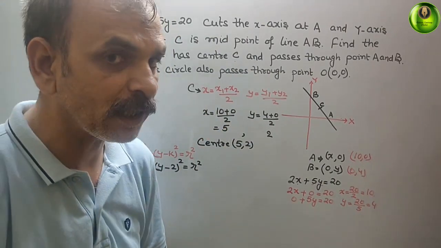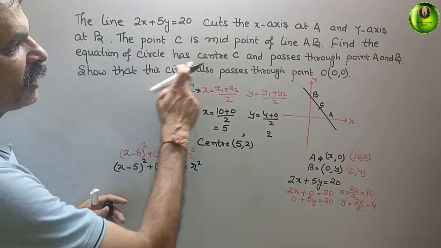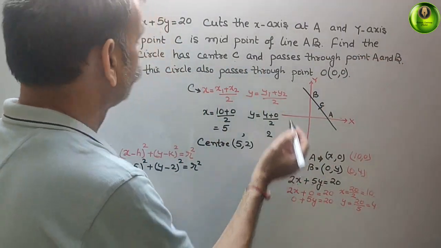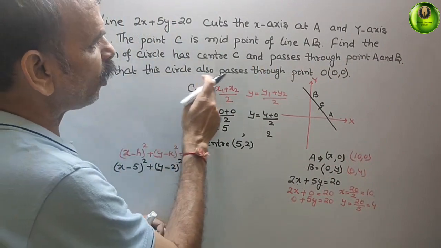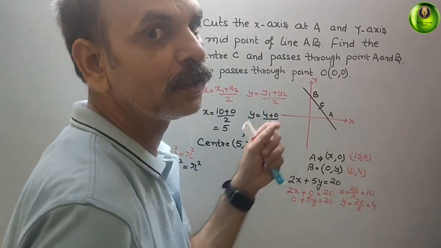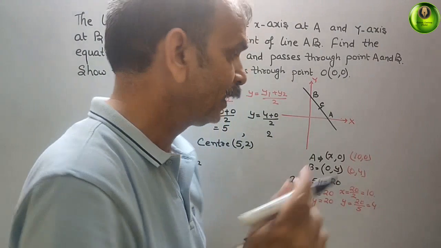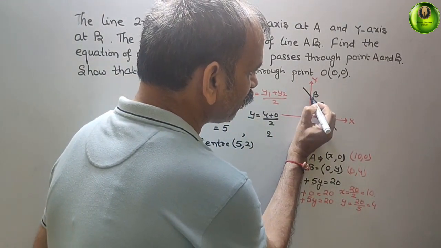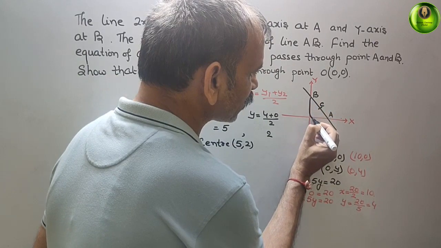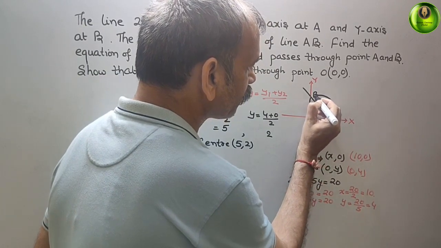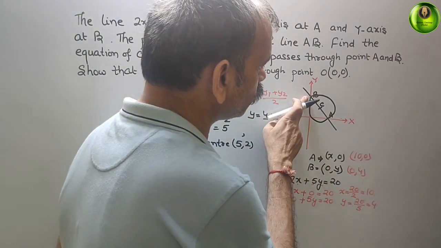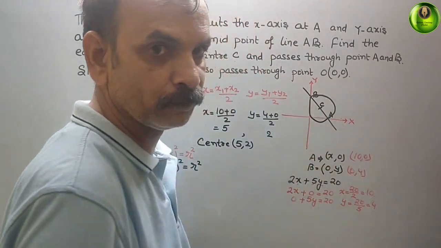Next, they have told that C is the center and the circle passes through the points A and B, and we have to show that this circle also passes through the origin. That means the circle has this center and it will pass through B and A also.